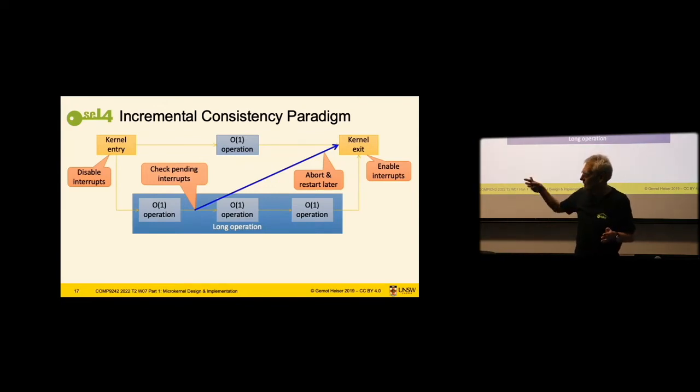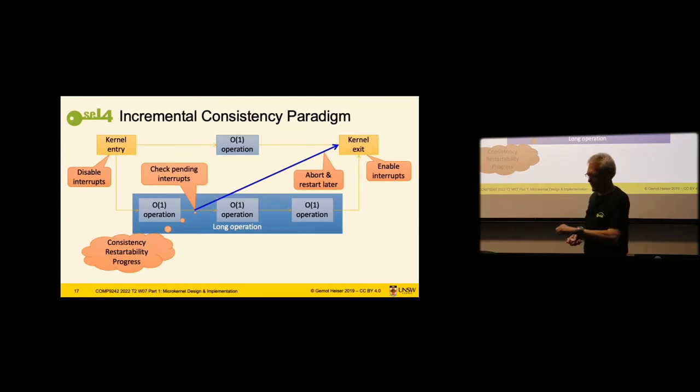And so we have a guaranteed progress, but limited time of having interrupts disabled, and therefore can bound our interrupt latencies. And that's really the core to doing real time in SeL4.